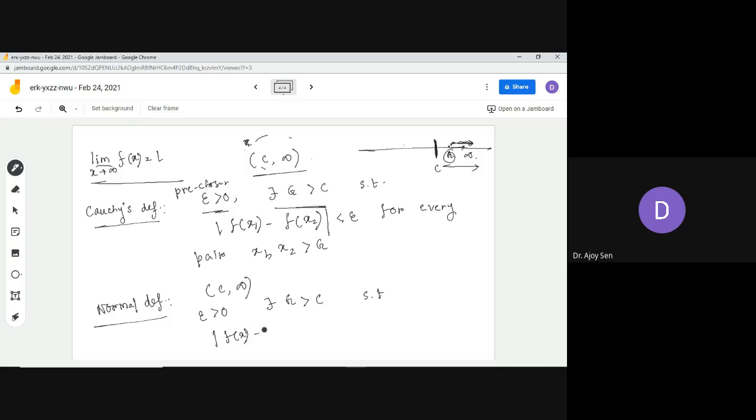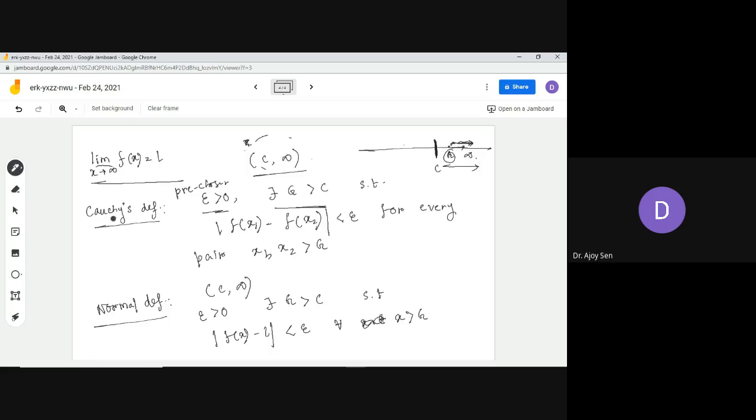It is nothing but |f(x) minus l| is less than epsilon for all x, whenever x is greater than g. So whenever x is greater than g, you see that it is the same thing. We have just eliminated this x2 part and put in l, the value of the limit.